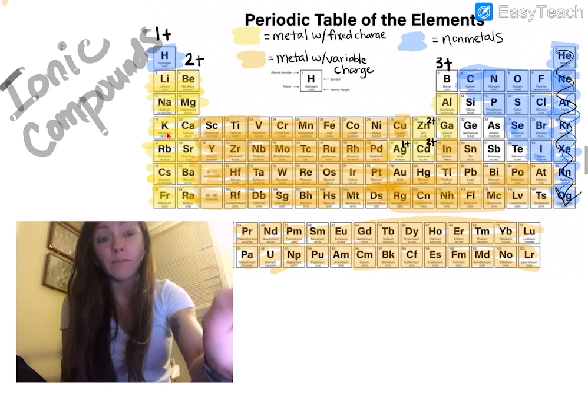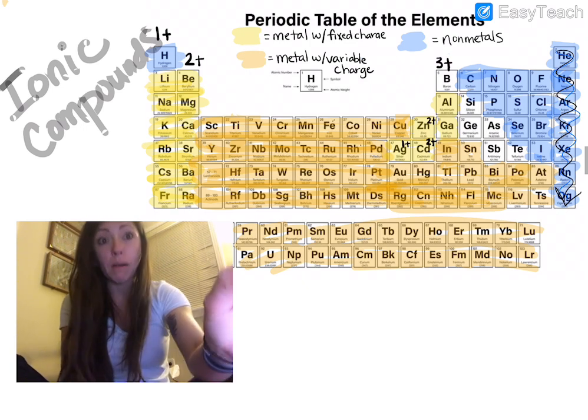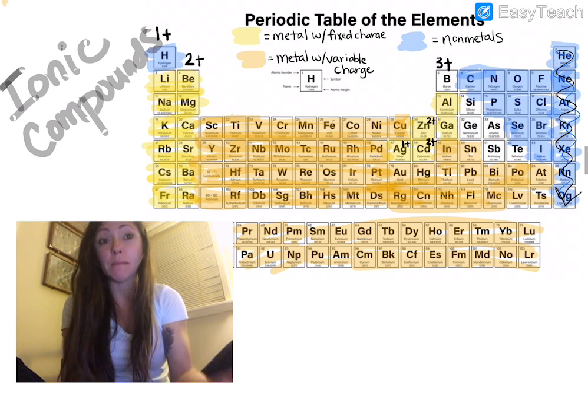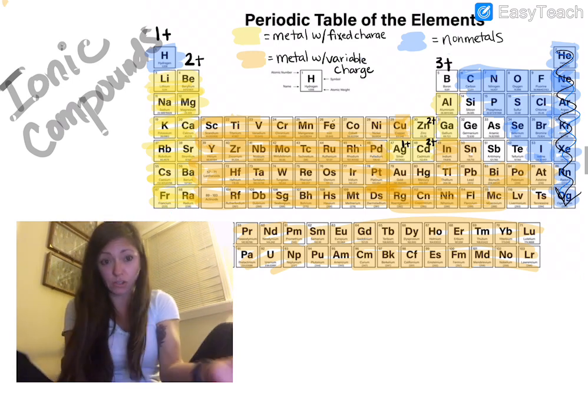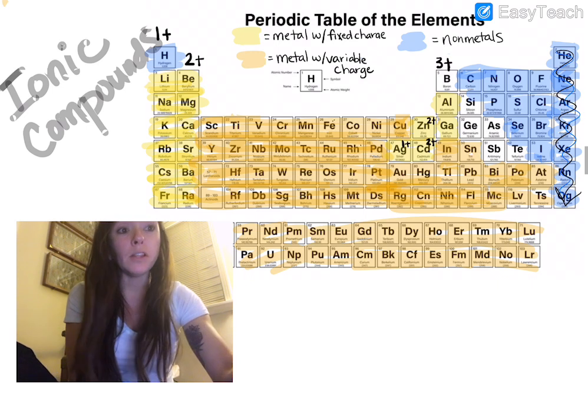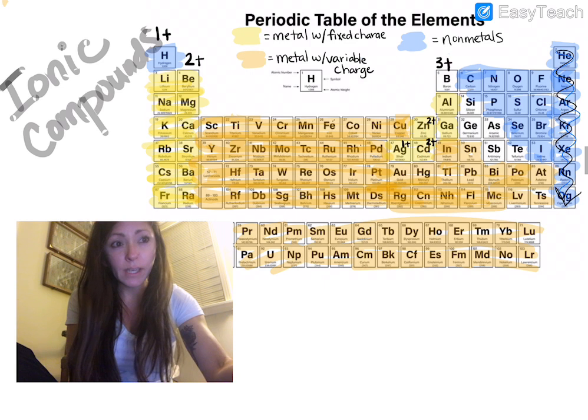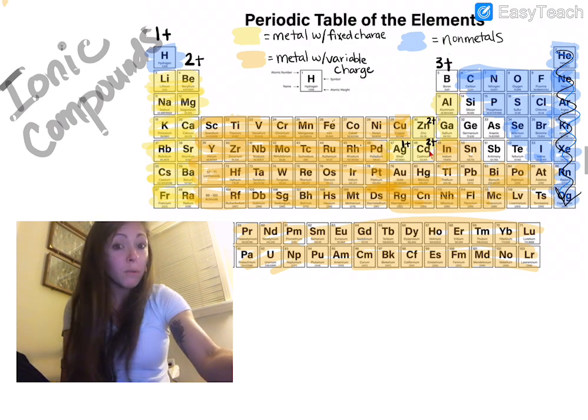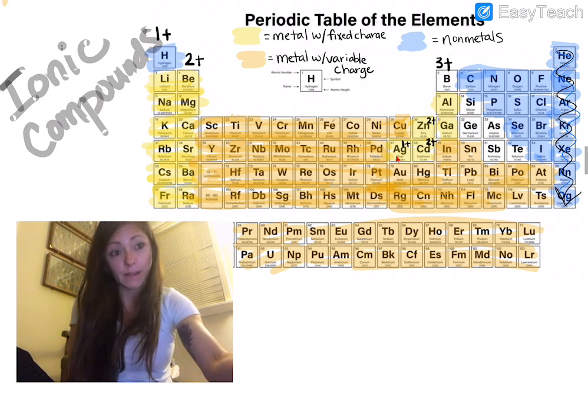All of these metals are always 1 positive. These are always 2 positive, meaning I have 1 valence electron that I lose, or 2 valence electrons that I lose. Aluminum and gallium are always 3 positive, and then these 3 transition metals right here, zinc and cadmium, are always 2 positive, and silver is always 1 positive.